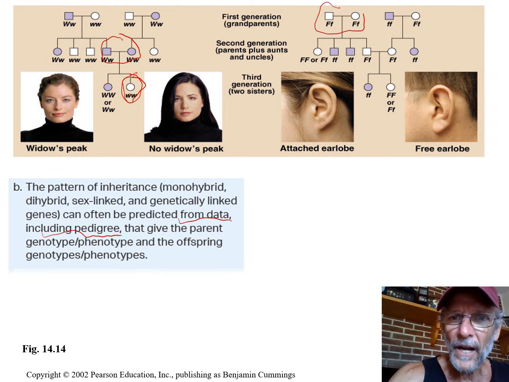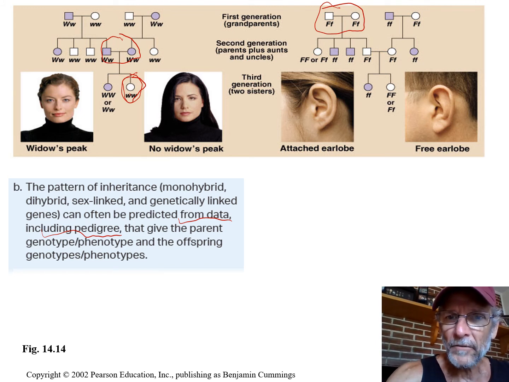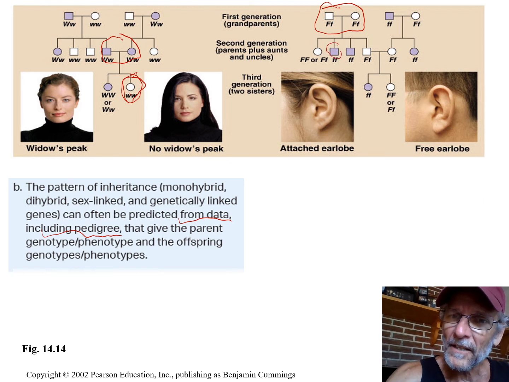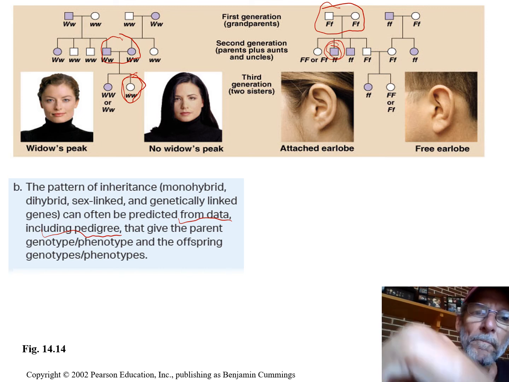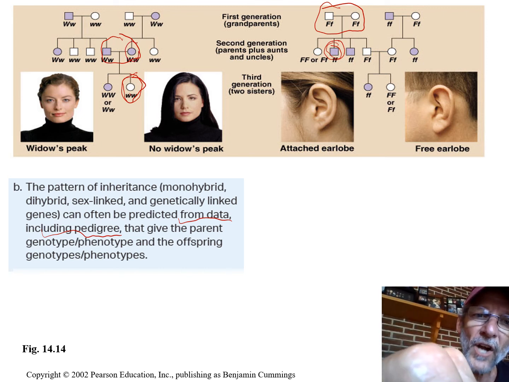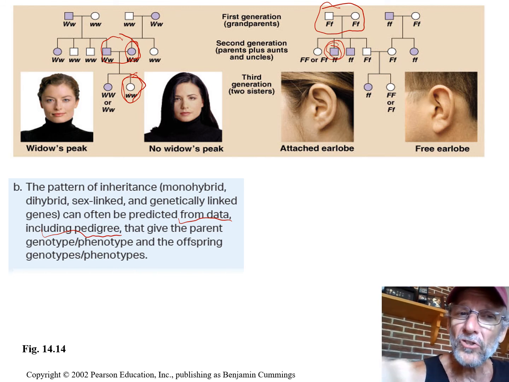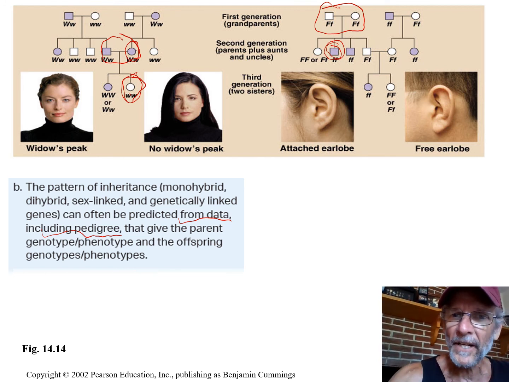Here, to contrast, these two parents have the same trait. It's the not shaded in one, and they have a kid that is shown shaded in. That means in this one, the shaded in trait is the recessive one. This one, the shaded in trait was the dominant one. And again, that also tells you that these two parents must have been heterozygous. That would be a very common question.